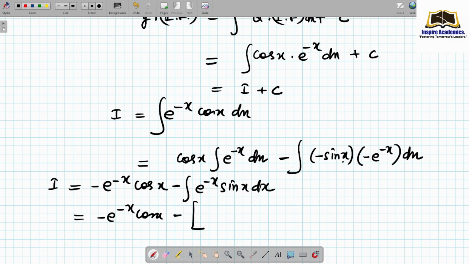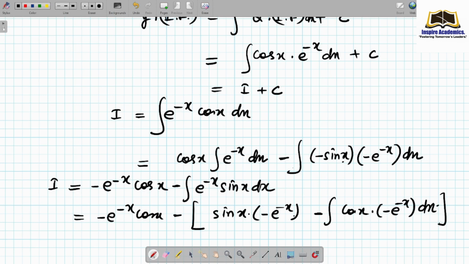Again we will have sin x and then minus e to the power minus x, negative e negative x, then minus cos x negative e negative x dx, and then close.